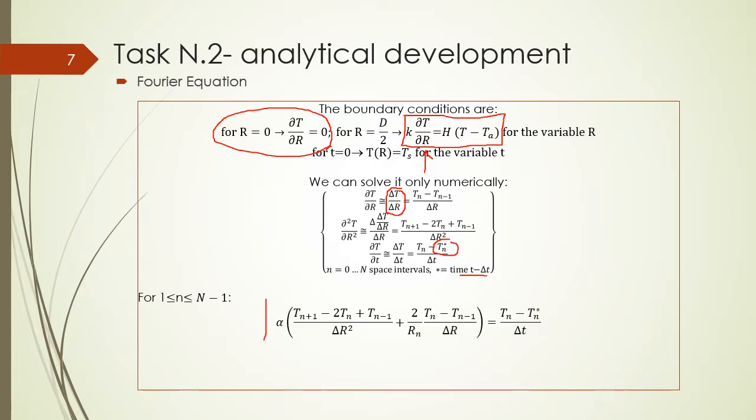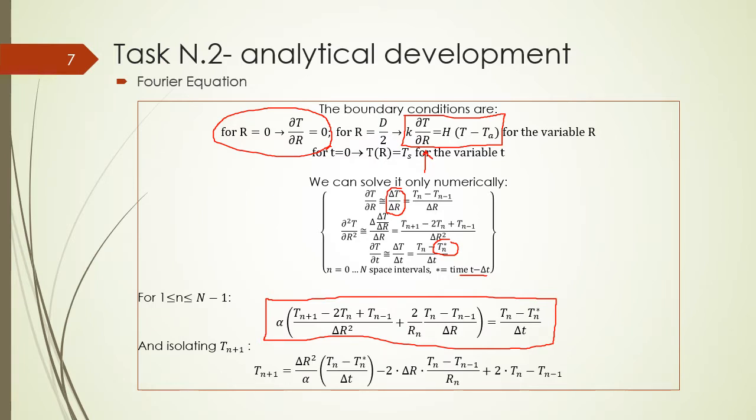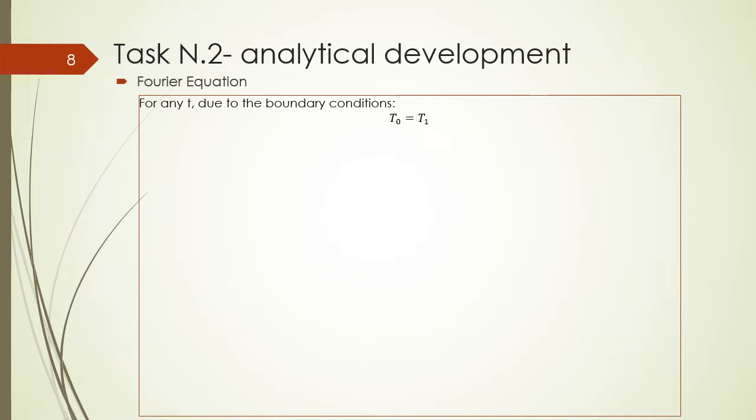The same equation we have seen is written now in a numerical way, as displayed here. And isolating T n plus 1, we can get this expression. We need now the boundary conditions. So T0 equals T1, and TN equals this expression.